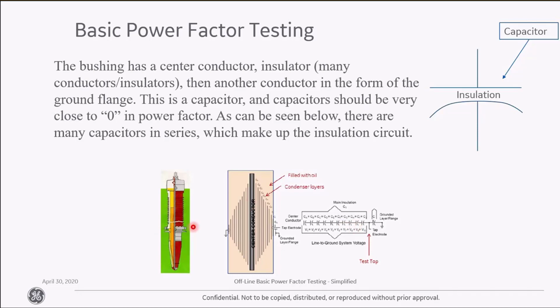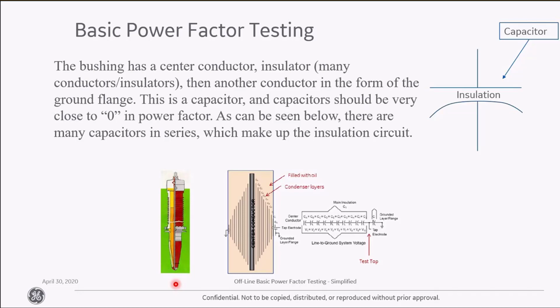So where this bushing goes through the transformer at the ground flange right here and bolts on and connects to that transformer, then you have this insulator, this outside, mostly porcelain insulator, let's say. Then you have your conductor coming in here up at the top. So you're trying to keep current and voltage on that conductor in phase as it goes through this bushing and out the other side.